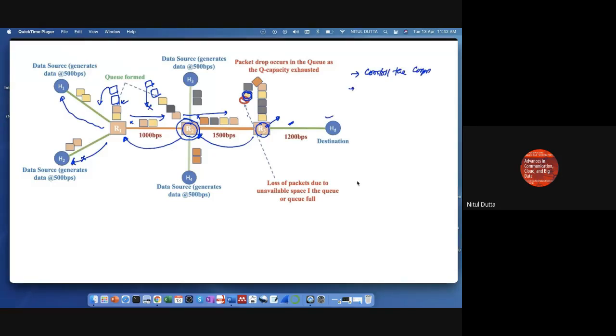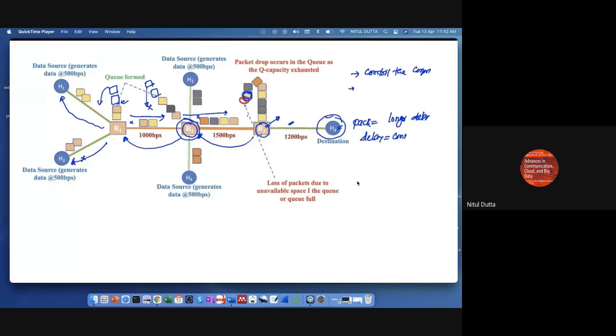The same process can also be done differently. Suppose the receiver, the destination H3, notices that the packets coming into it are suffering longer delay. It can realize that it is suffering from delay, maybe due to congestion.